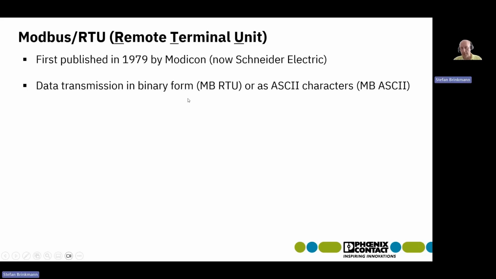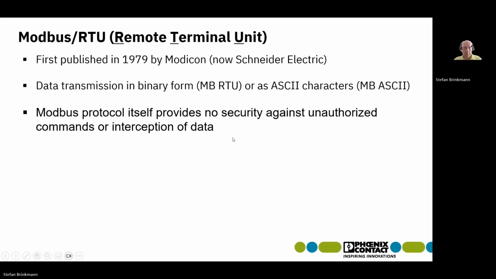Then there was an update, a second version, called Modbus ASCII, where, instead of a binary form, the protocol uses ASCII characters so that it is human readable. But the Modbus protocol does not provide any security against unauthorized commands or interception of data. We will see it's not encrypted in any form.